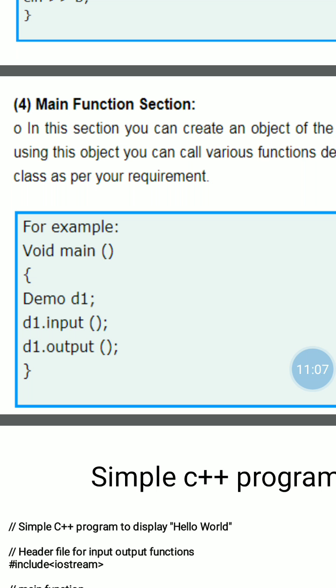So memory is created for a and b, and also for the input and output functions. Once the object is created, memory is created for all the data members and member functions. After that your functions will be executed.